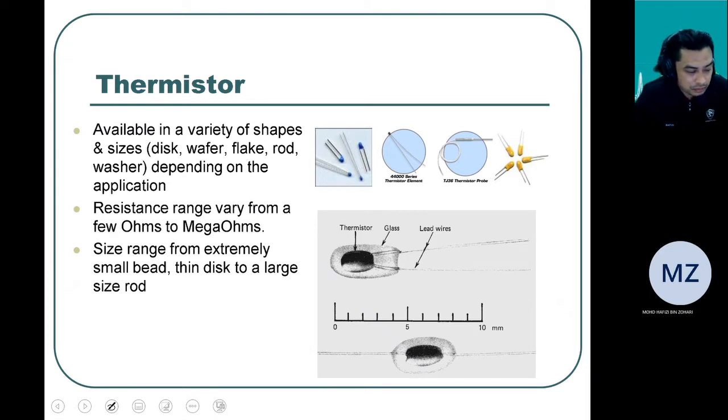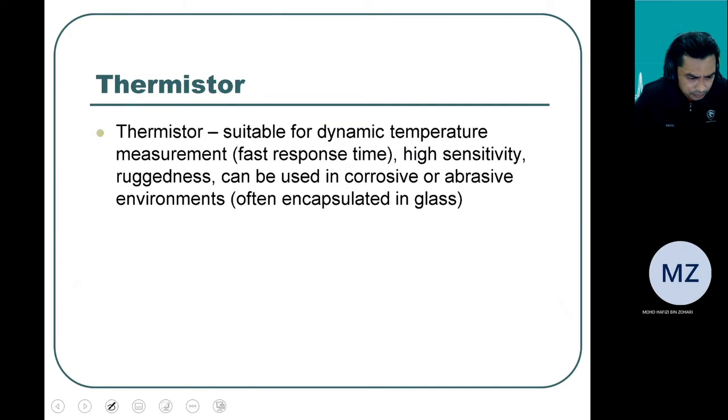But because this one is from semiconductor, it can be a very small thermistor. So compared to RTD, thermistor is better for dynamic range measurement because it has fast response, high sensitivity, and it is rugged. Okay.